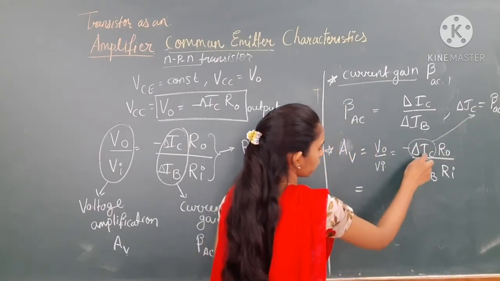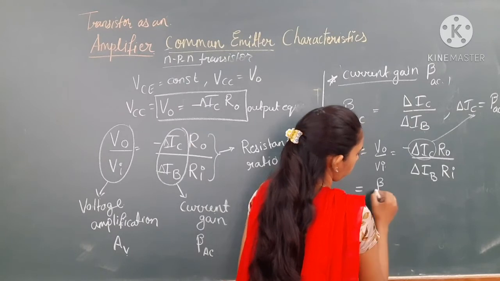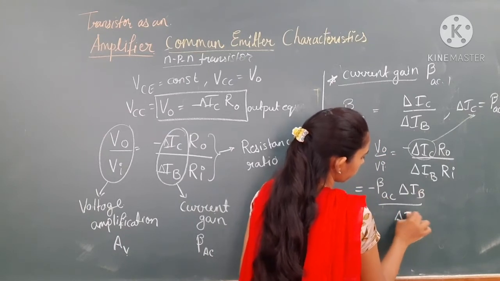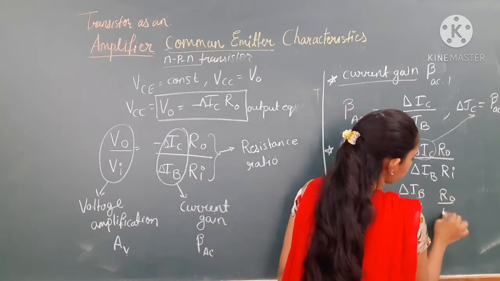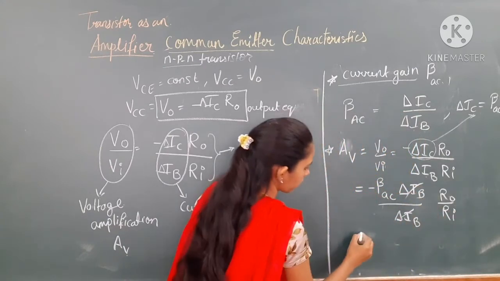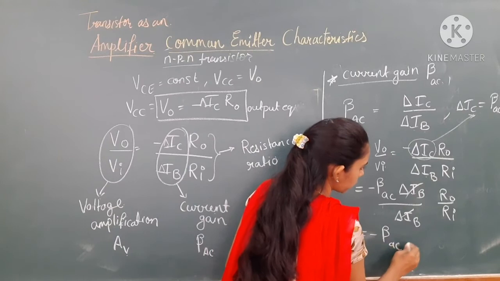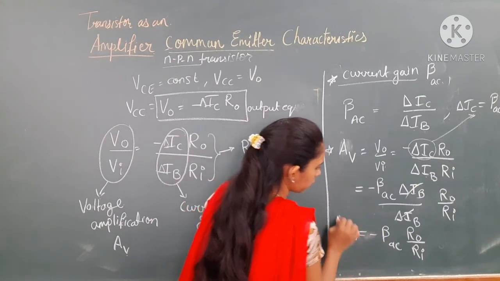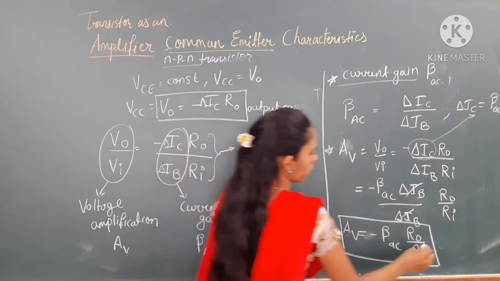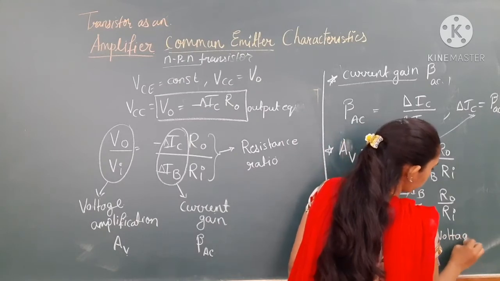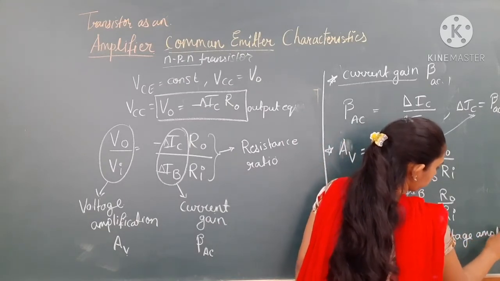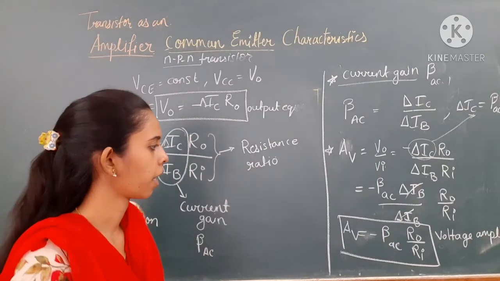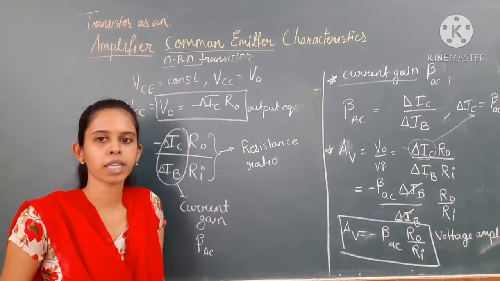So we will get minus beta AC delta IB RO divided by delta IB RI. The delta IB gets cancelled and you will get minus beta AC RO upon RI. So this is the voltage amplification.